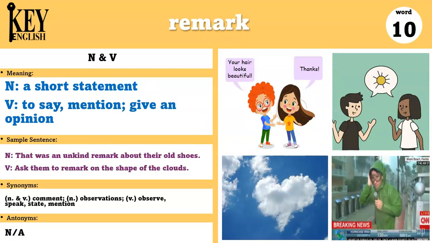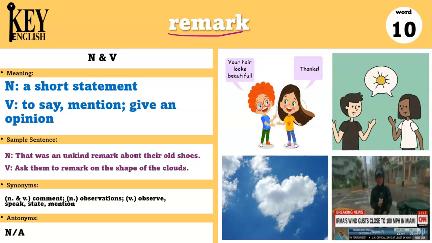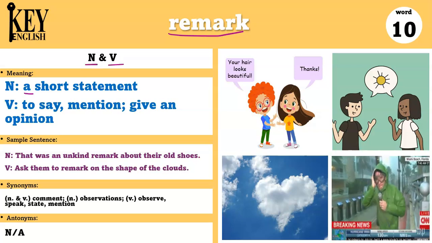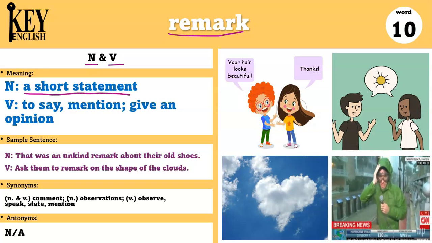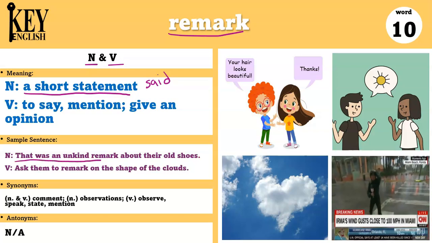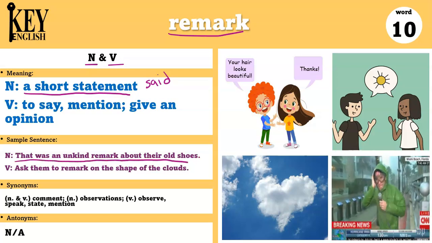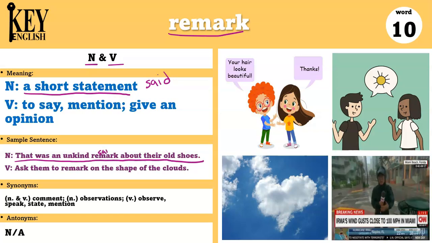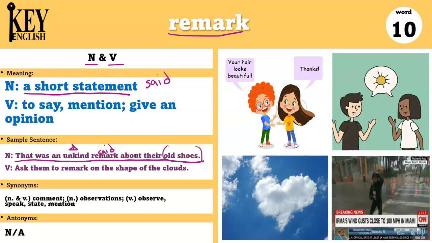Our last word is remark. Remark can be used as a noun and a verb. As a noun, it is a short statement. So something short that someone said. For example, that was an unkind remark about their old shoes. So in this sentence, someone said something about old shoes, but it was unkind.